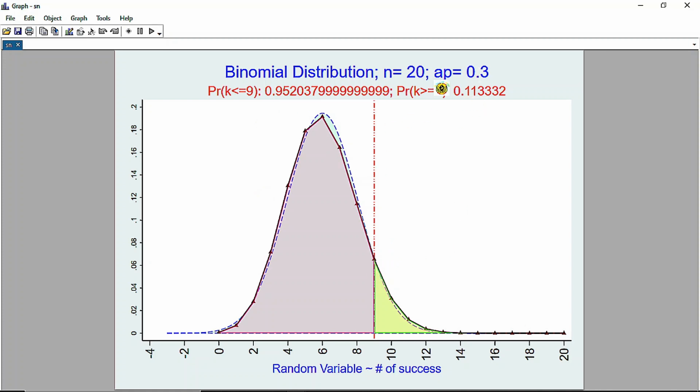So for the null hypothesis, we assume that the probability is 30%. This binomial distribution is for a probability of success of 30% with n equal to 20 trials, and for these outcomes, based on our alternative hypothesis, or based on our situation, we test the hypothesis.